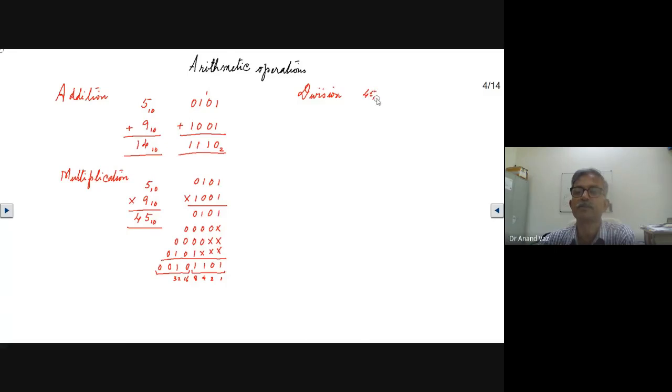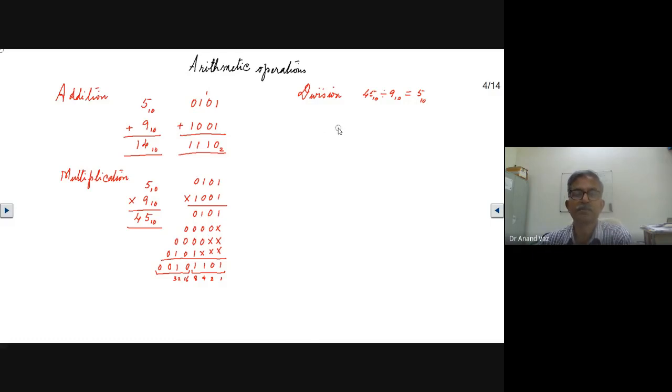This is in the decimal domain, divided by 9. This is also in the decimal domain. And we know that the answer should be 5. And we know the representation of 45 because we had worked it out over here while we did the multiplication. So we'll just reproduce it as it is.